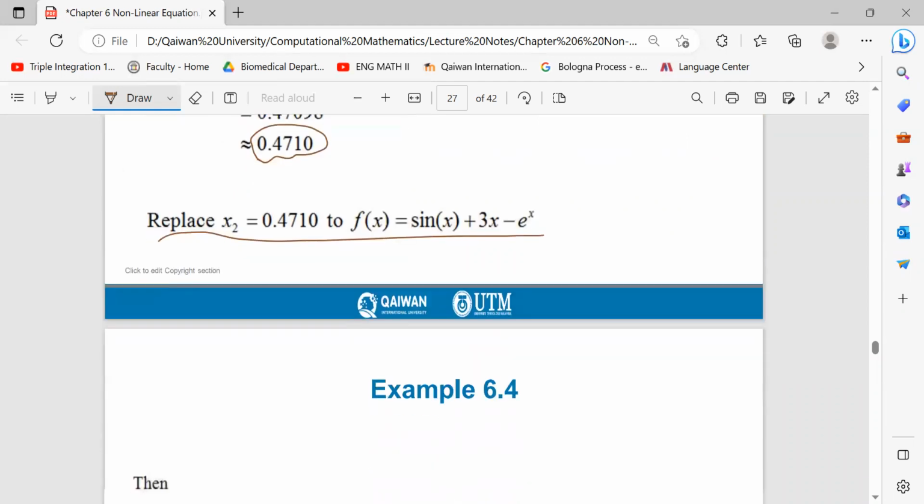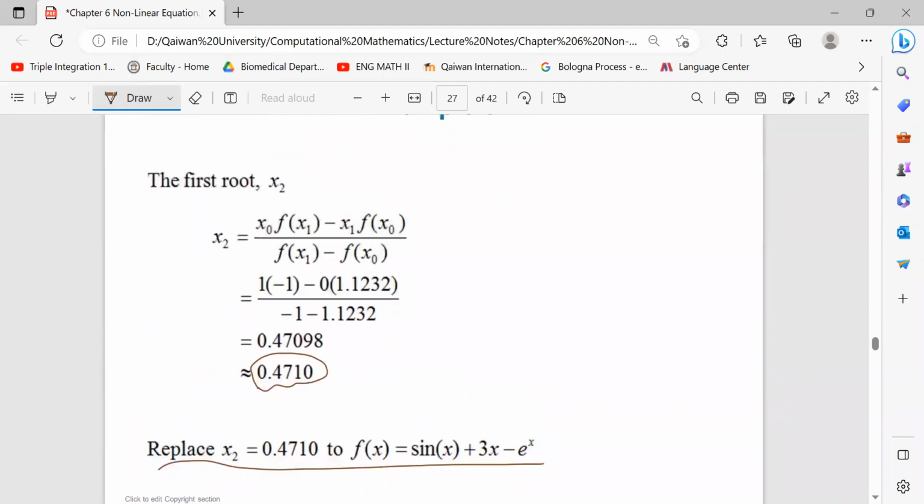In bisection method, which works on an interval, we say if f of c is less than the epsilon, we stop. If not, we continue. In this method, if f of new x is less than epsilon, we stop.